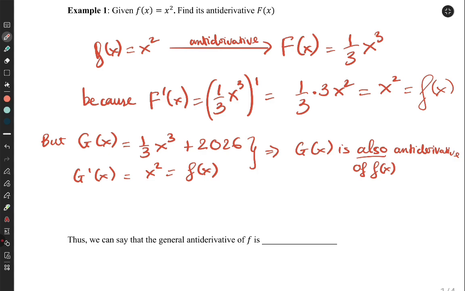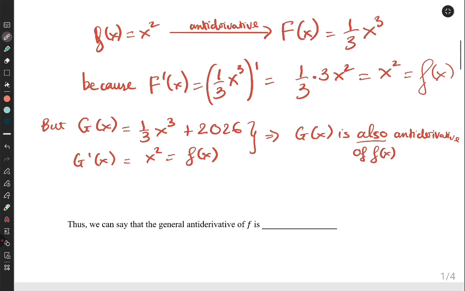I can play around with this number unlimited times, and I will end up with unlimited different functions. Every time I have a different constant, I have a different function. In other words, for the antiderivative of a function, you don't just have a specific one, you have a whole family of them. Remember the constant one? You have a whole family, and that whole family is called the general antiderivative.